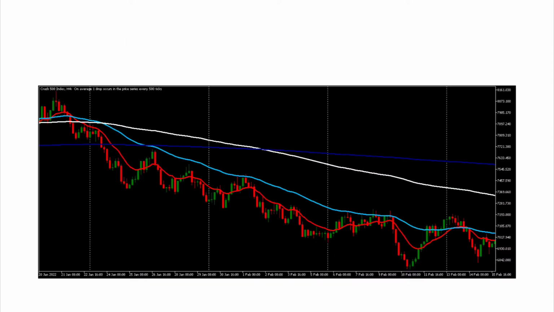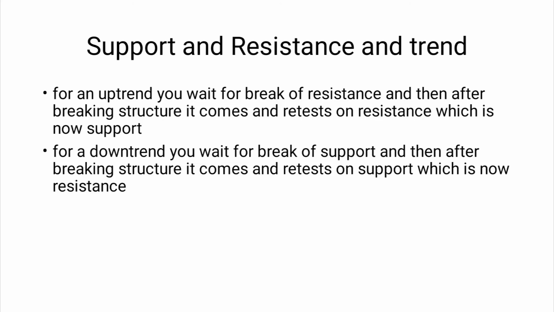You can see here a moving average crossed and then the price started moving down. So if the lines are above, it's a downtrend, and if they are below, it is an uptrend.